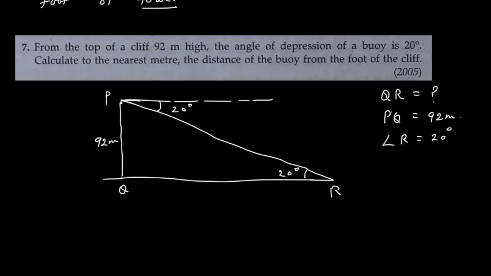Now again it is tan of this 20 degree that will help me. So tan of 20 degree is equals to 92 meter divided by QR.